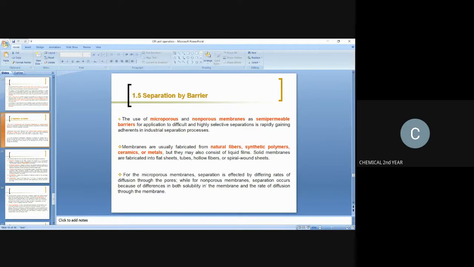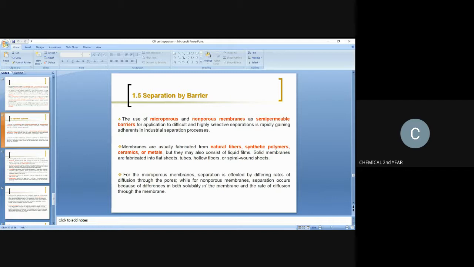In separation by barrier, the use of microporous and non-porous membranes or semi-permeable barriers for the application to difficult and highly selective separations is rapidly gaining adherence in industrial separation processes. Membranes are usually fabricated from natural fibers, synthetic polymers, ceramics, or metals, but they may also consist of liquid films or solid membranes, and are fabricated into flat sheets, tubes, hollow fibers, or spiral wound sheets.